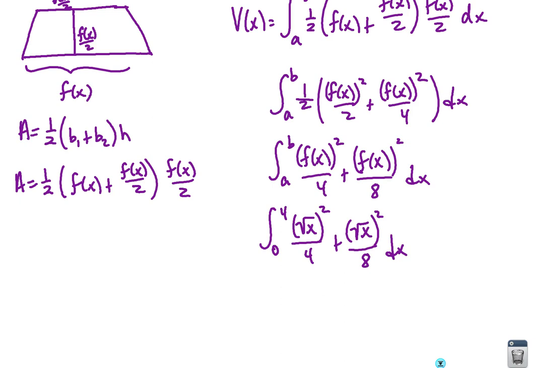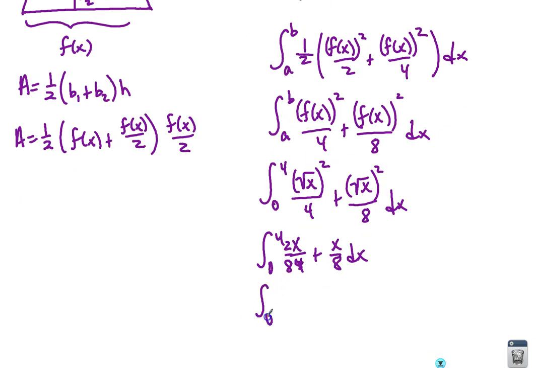Okay, this works out really nicely. The squares and the square roots cancel out. So from 0 to 4, I have x over 4 plus x over 8 dx. I can just combine my fractions here. This is the same thing as 2 over 8. So this becomes, from 0 to 4, 3/8 x dx. That's not too shabby here.